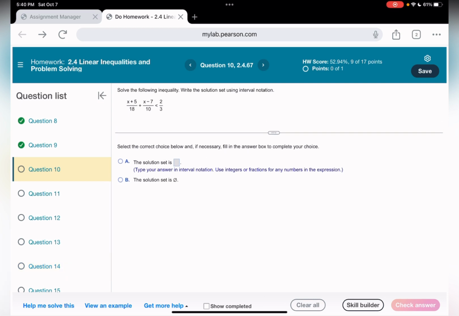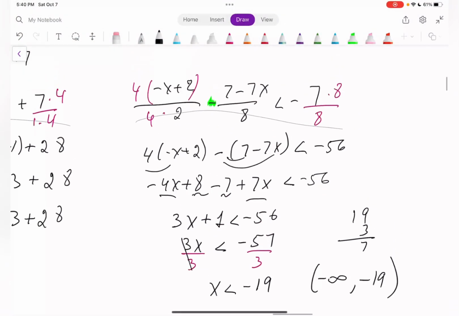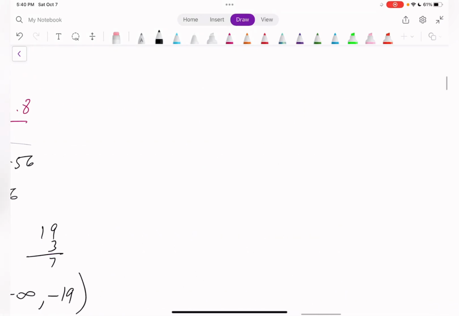Question number 10. x plus 5 over 18 plus x minus 7 over 10 less than 2/3.